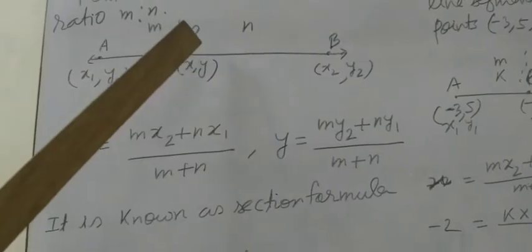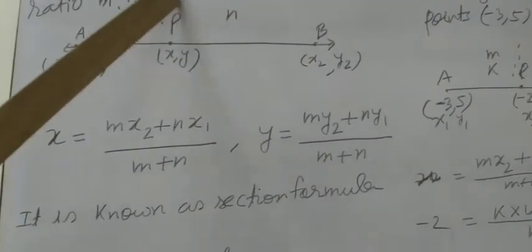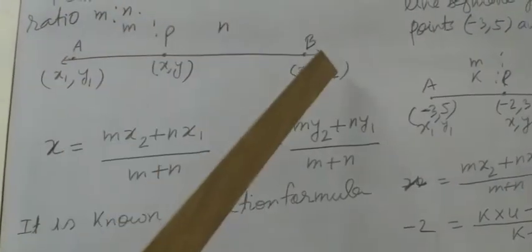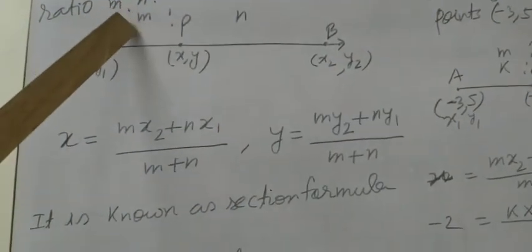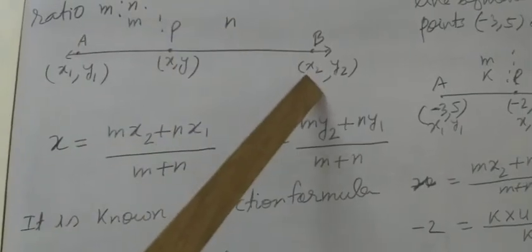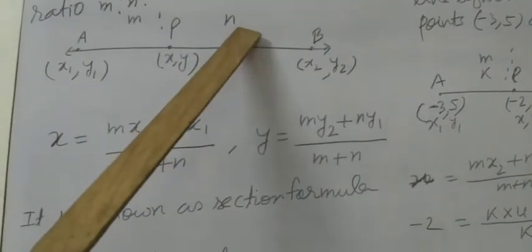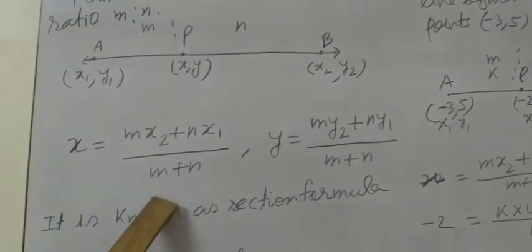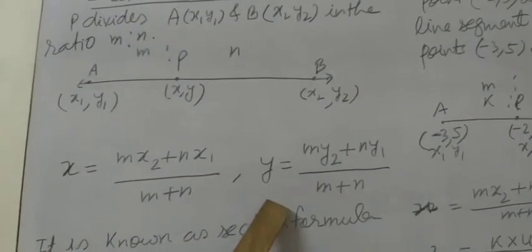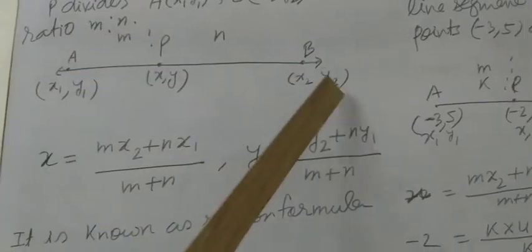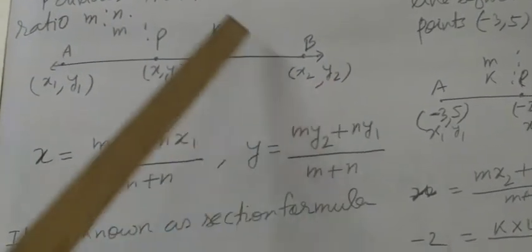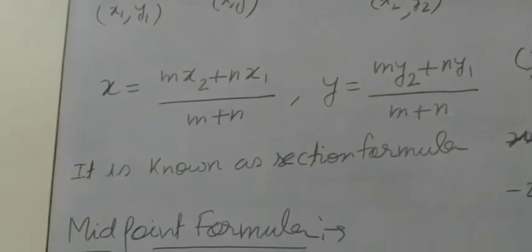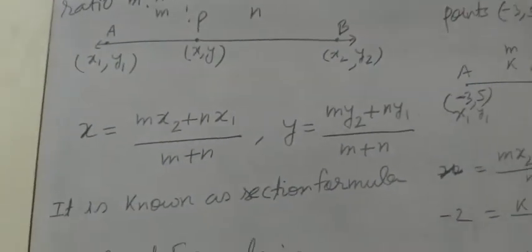So the coordinates of the point of division: x equals mx2 plus nx1 upon m plus n. Remember students, with m we will take x2, and with n we will take x1. And y equals my2 plus ny1 upon m plus n. It is known as the section formula.